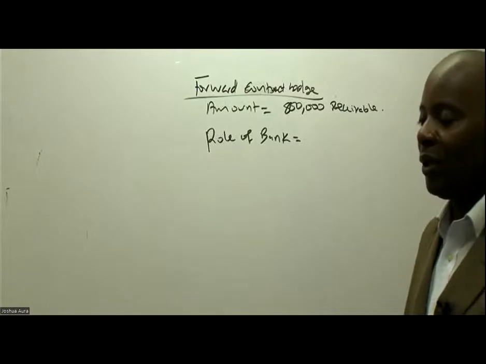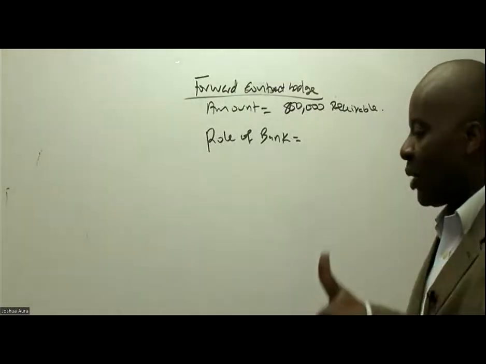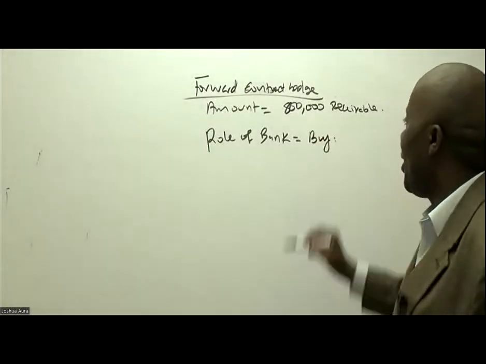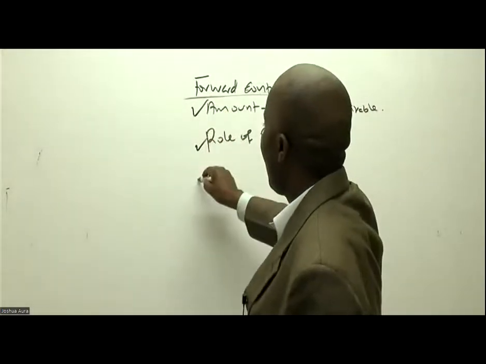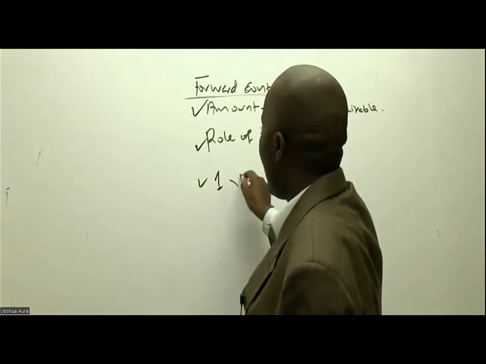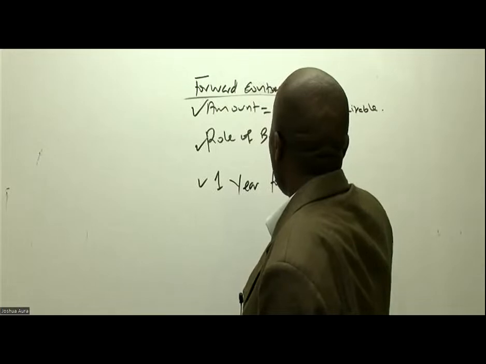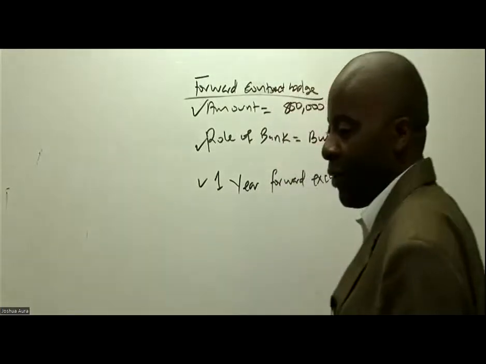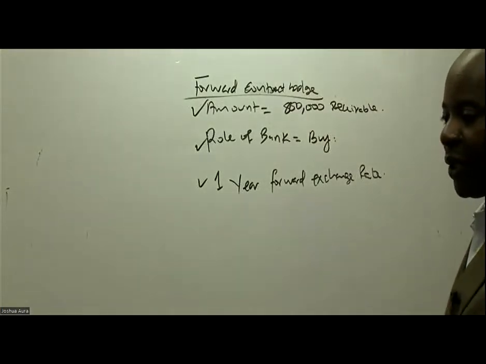If it's a receivable, the bank will buy. Then give me 1 year, because this amount will be received in 1 year's time. 1 year forward exchange rate is given in the question.